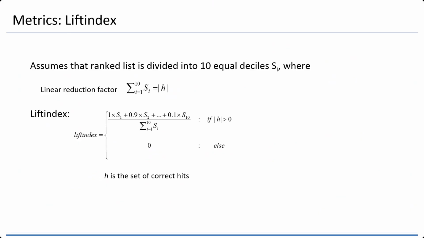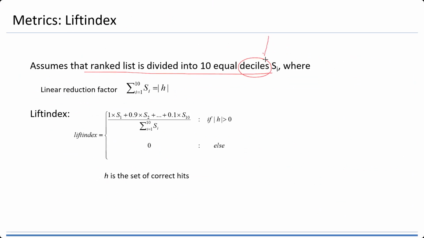So this is a matrix, okay, leaf index. This leaf index, we want to look at the length list that is divided by 10 equal deciles.